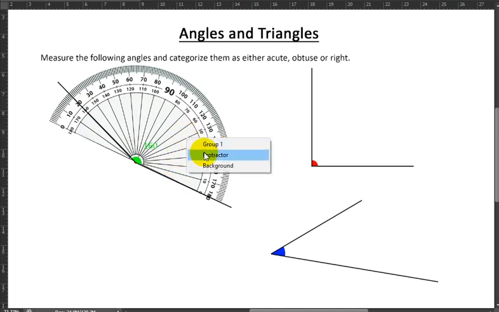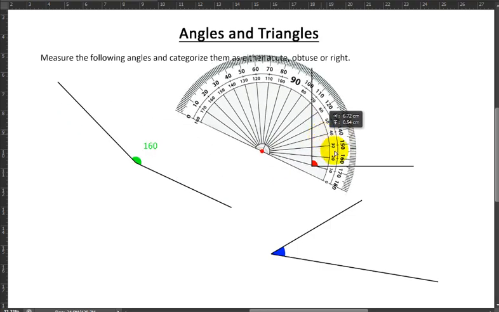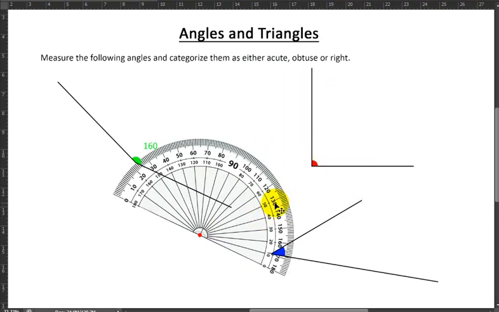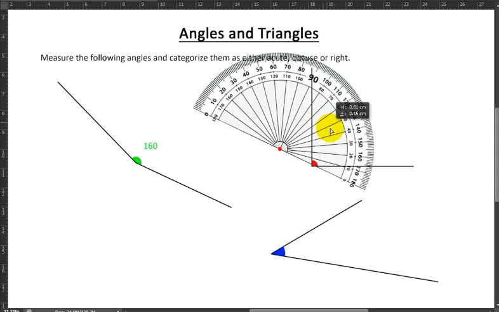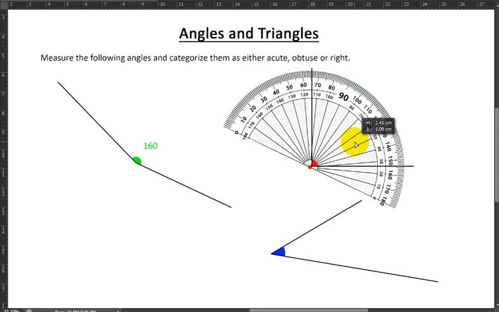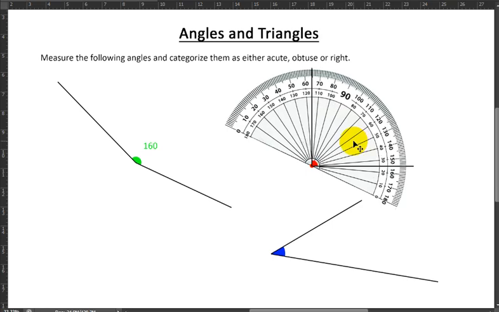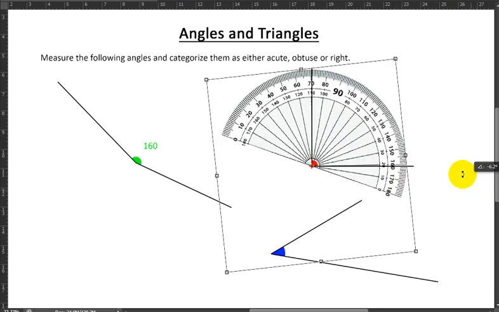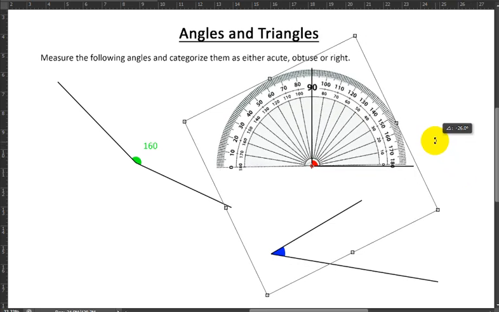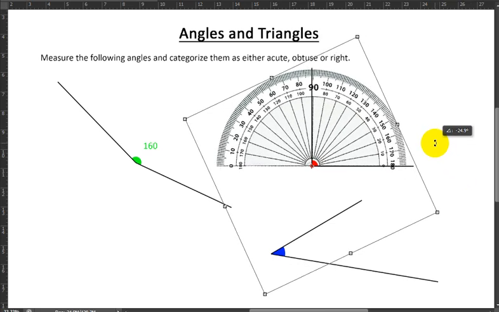Perfect. Let's take our protractor. Now this angle, the red, you might already be able to tell that it's a right angle, but to be sure, let's measure it again, because this is not perfect. Instead of 90, we might get something like 91 or maybe 89. See? Like that.